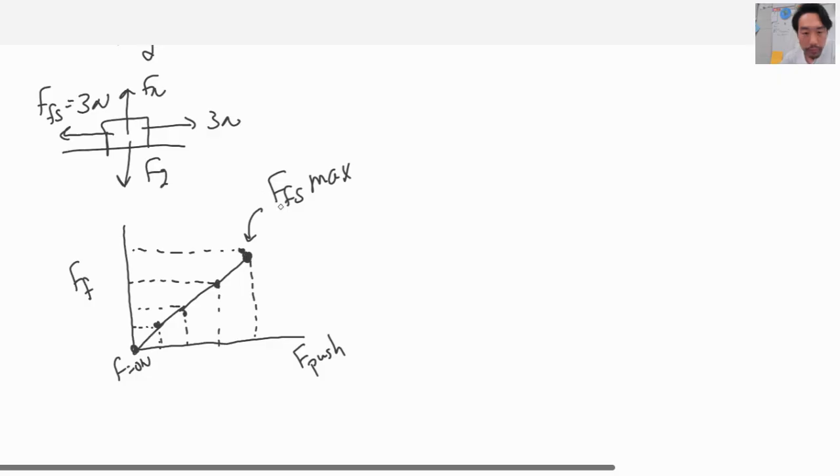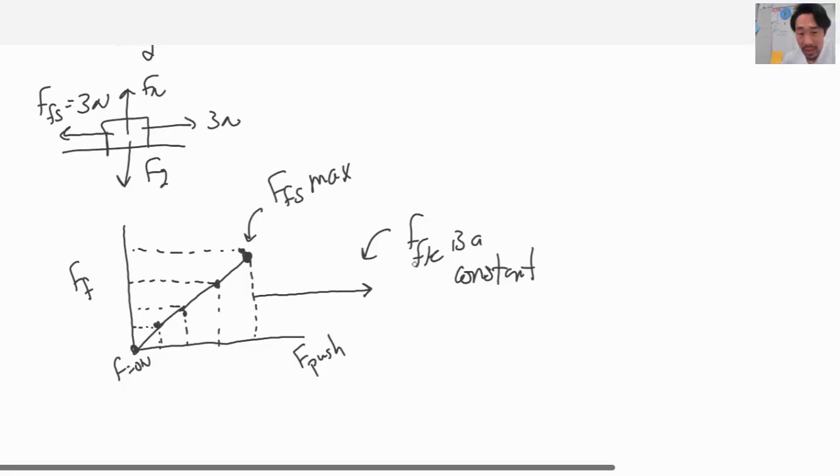Kinetic friction actually is lower than the force of friction static. And the unique thing about this is that F of f k is a constant. And so with this idea, there's a little drop that happens when you go from static to kinetic.